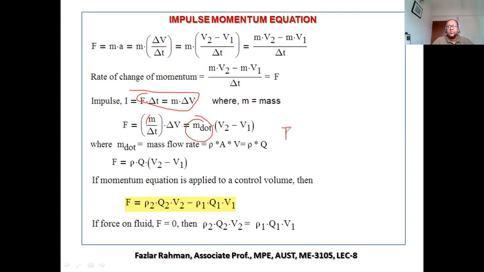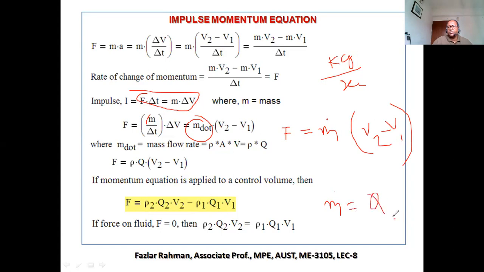So F equals, we are finally getting, m dot. M dot means mass flow rate, that is kg per second, into V2 minus V1. Now, how will we figure out the mass flow rate? m dot equals Q into rho.